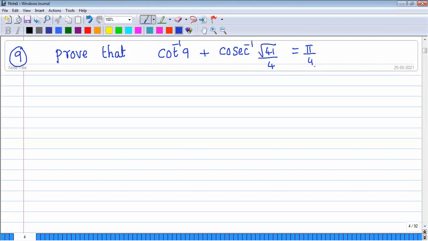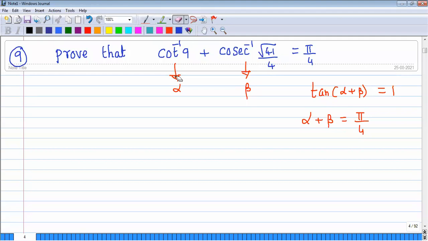So indirectly in this problem, find tan of alpha plus beta. Alpha is this one, beta is this one. That's all.